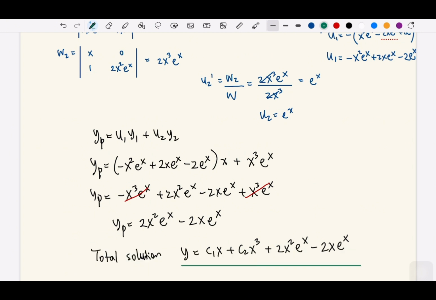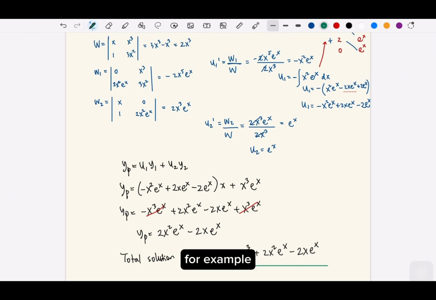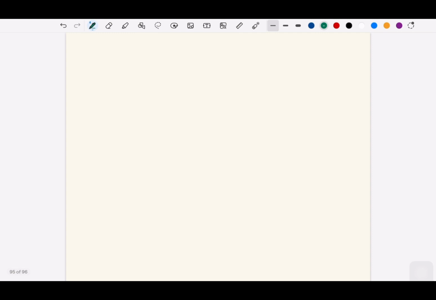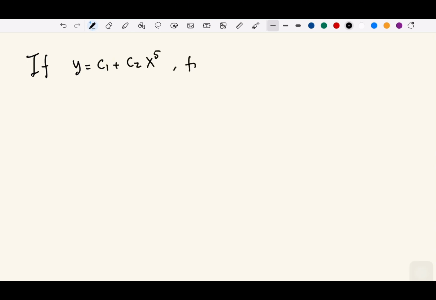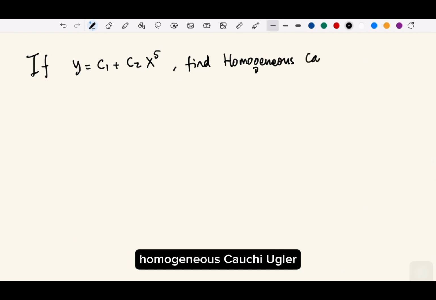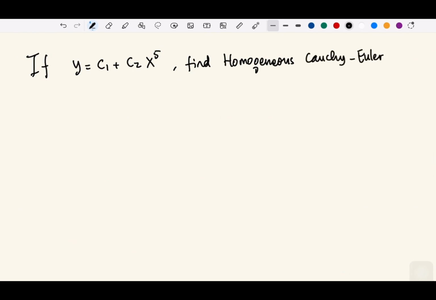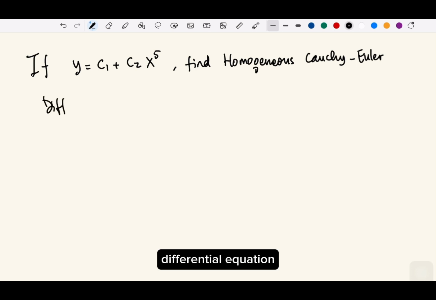For example, if y is c1 plus c2 x to the power of 5, find the homogeneous Cauchy-Euler differential equation.